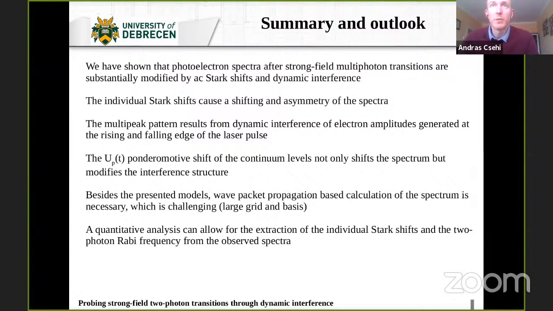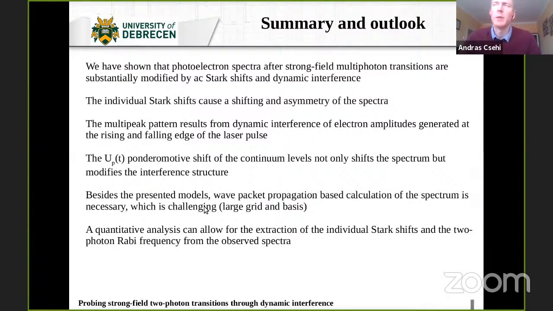It's a very challenging task because we need large spatial grids, since we want to keep the wave function, the outgoing wave packet, to get the spectrum. It's a challenging problem, but hopefully we'll get it soon.